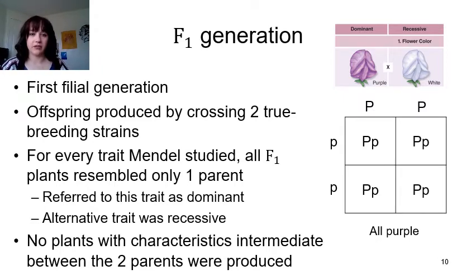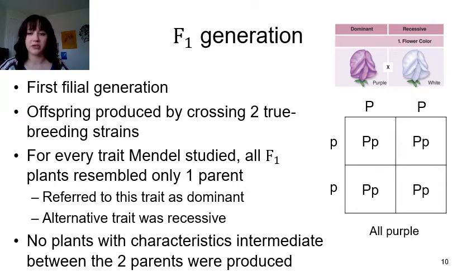The first step was to get true breeding plants and to cross them. So here we've got, in this example, a true breeding or homozygous dominant and a homozygous recessive plant. And the one trait that we're looking at is flower color. And there's 2 variants. The flower color could be purple or it could be white.